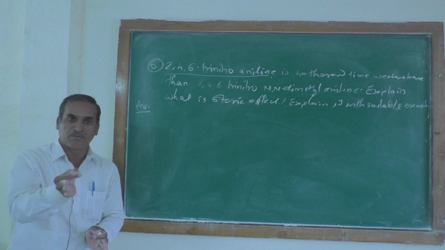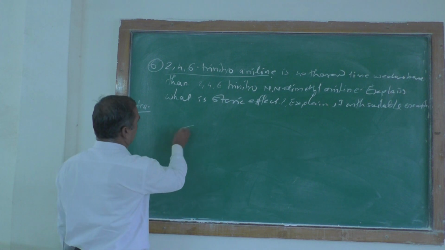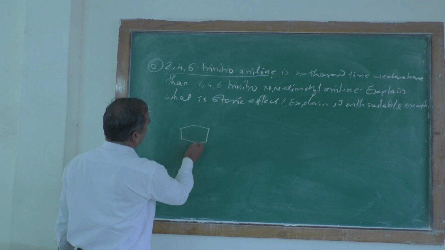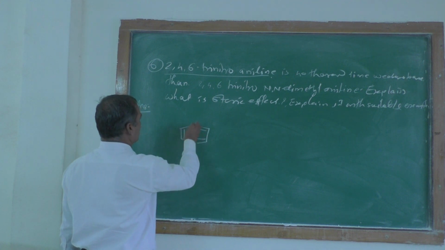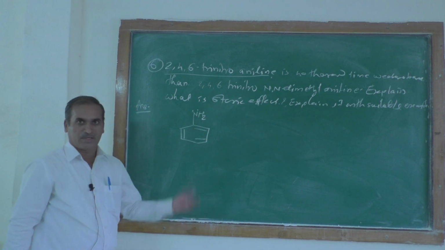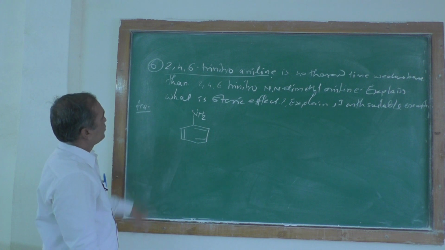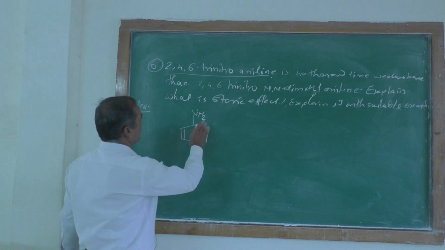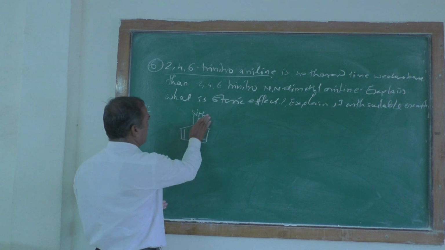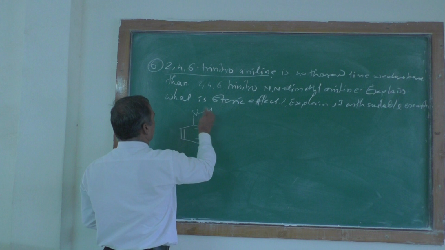I think everyone knows the structure of aniline. So let us look here. The structure of aniline is this one. This is a benzene ring, and one of the hydrogen atoms gets replaced by an NH2 group, and therefore this is the structure of aniline.